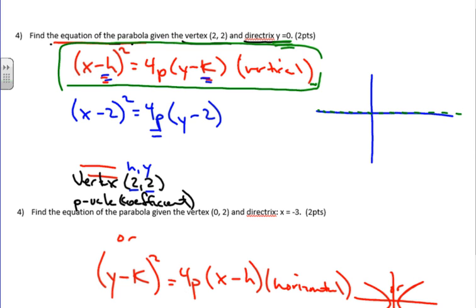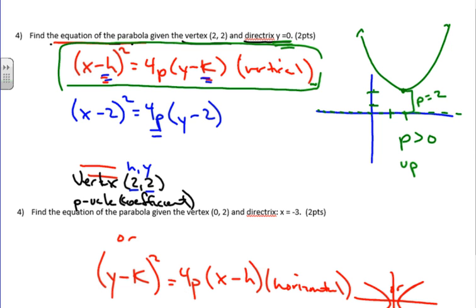And we have a vertex which is 2, 2. And it's going to be going up. So since it's going up, we know our p-value is going to be positive, greater than 0, because the parabola is going up. We have a distance right here of 2, so our actual p-value is 2, because it's the distance from the directrix to the vertex.